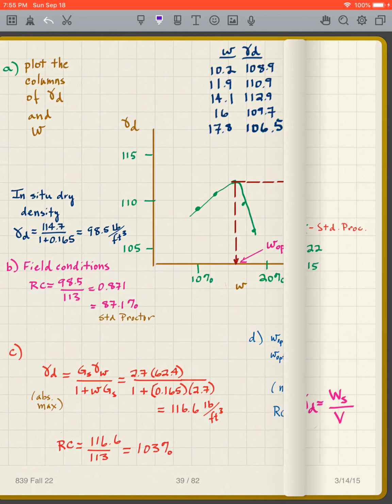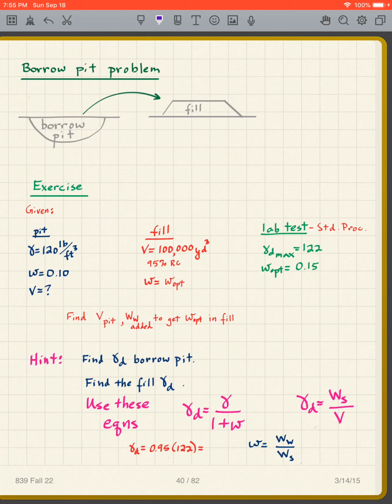So, okay, the borrow pit problem we have done before. I'm just going to review it real quickly. The borrow pit problem is what? We're creating a fill, and we're taking the soil from a particular location called the borrow pit, and we're going to create the fill.